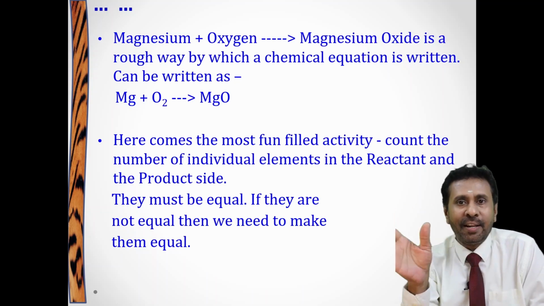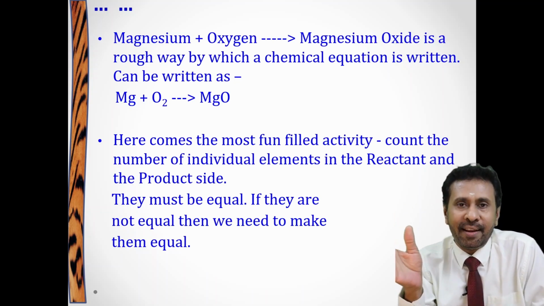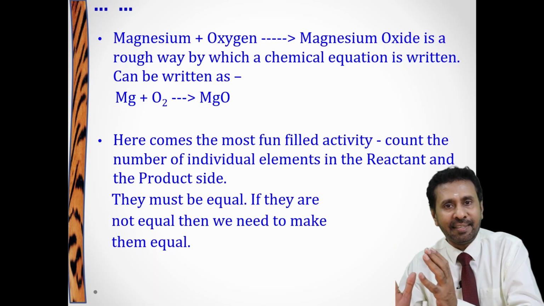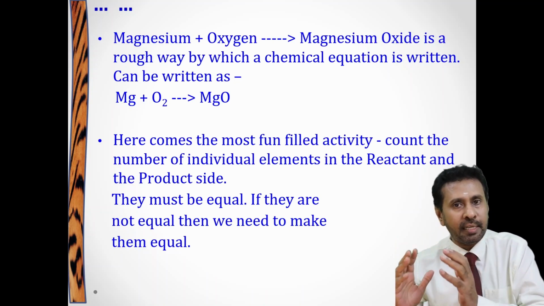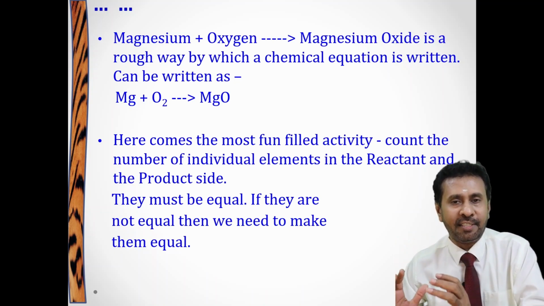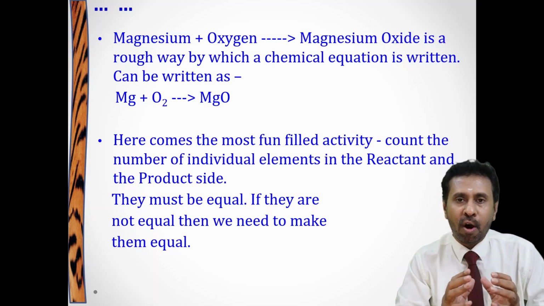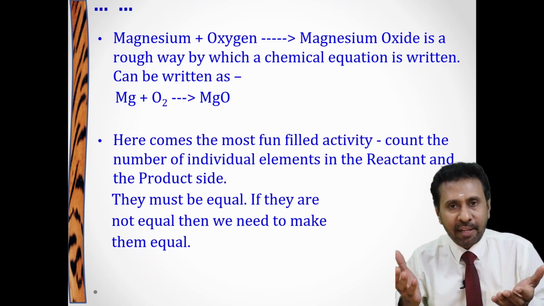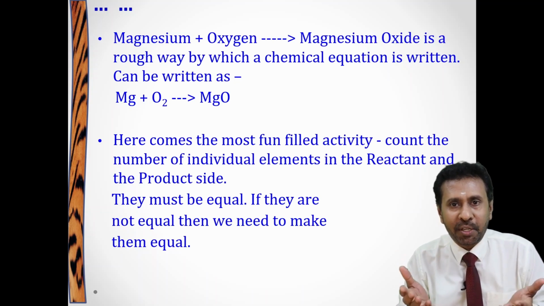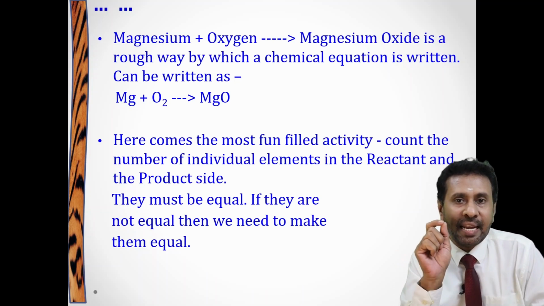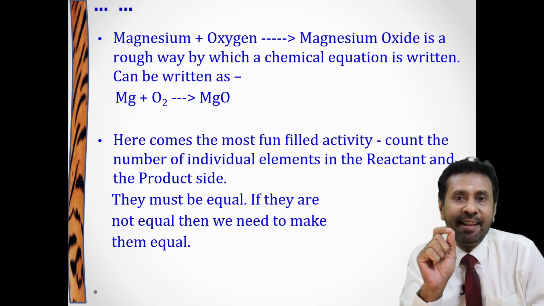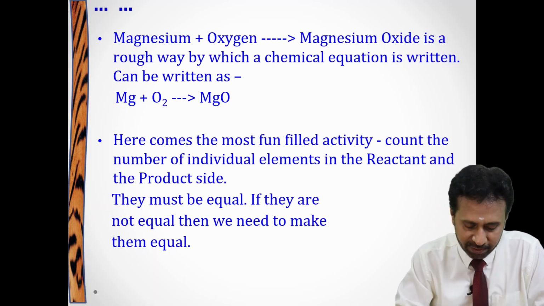Now, you cannot leave it like this. You need to balance it across the reactant side and the product side. Whatever is present in the reactant side must be equal to whatever products are formed in the product side. So the left hand side and the right hand side must always be equal with respect to each and every element that takes part in that reaction.